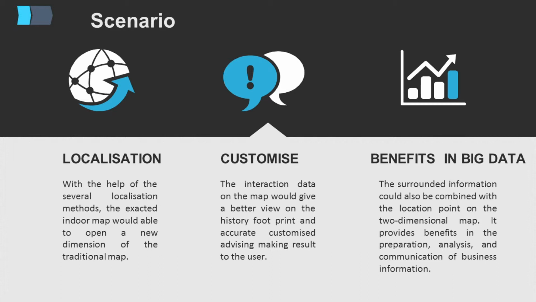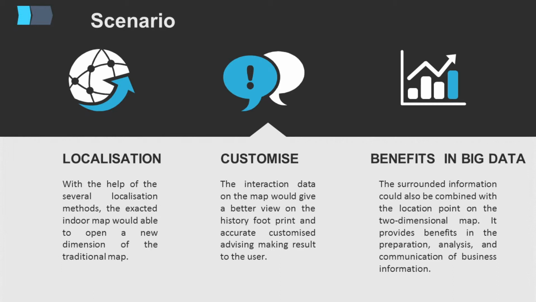In localization, with the help of several localization methods which include GPS and indoor navigation methods, that gives new dimensions to the traditional two-dimensional map. The customization: the interaction data on the map would give a better view of the history footprint and accurate customized advice, which makes things much clearer for users.